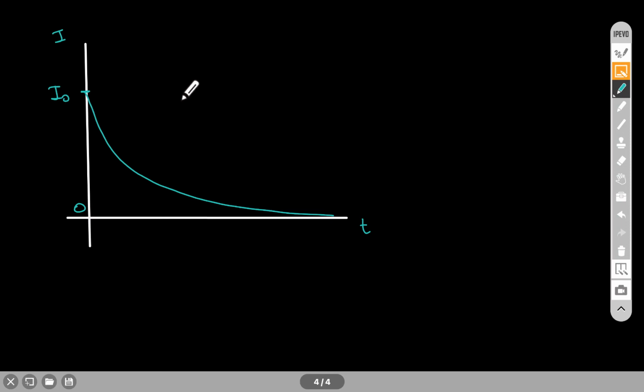In this video, I will talk about the time constant and what is the usefulness of this quantity. You have seen when you charge or discharge a capacitor, the expressions that we get for the current in the circuit or the charge on the capacitor include something like e to the minus t over RC.